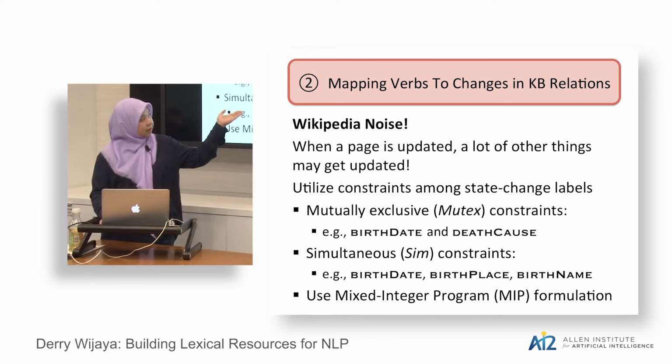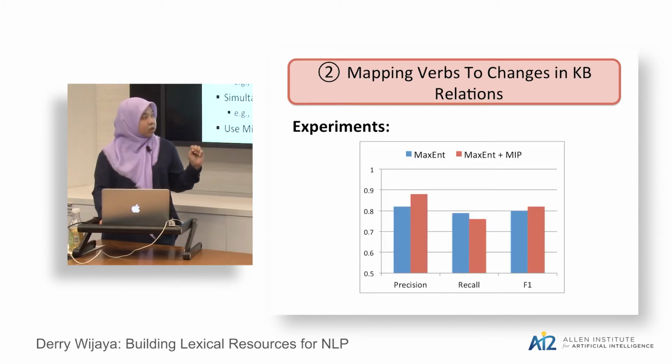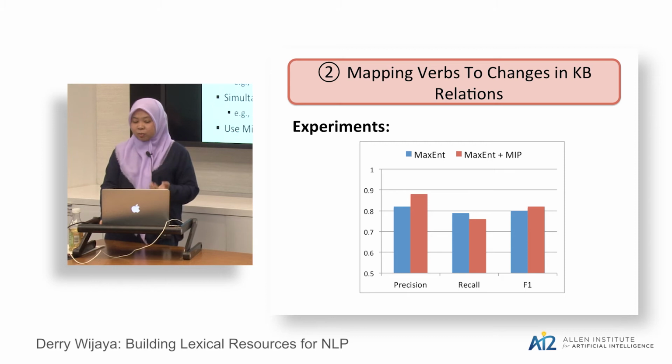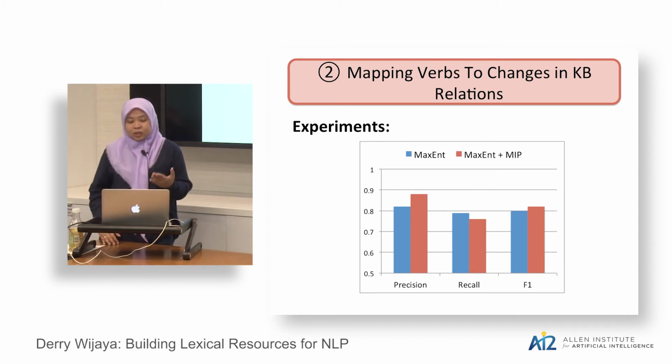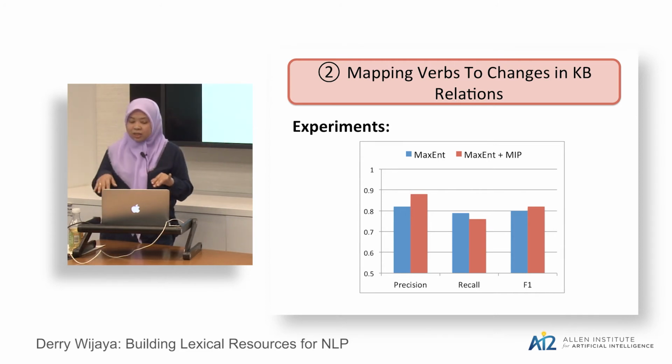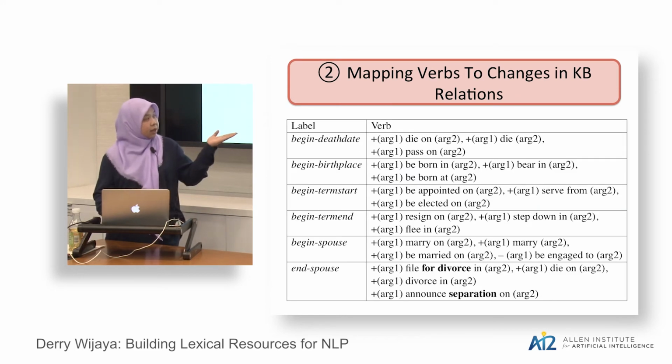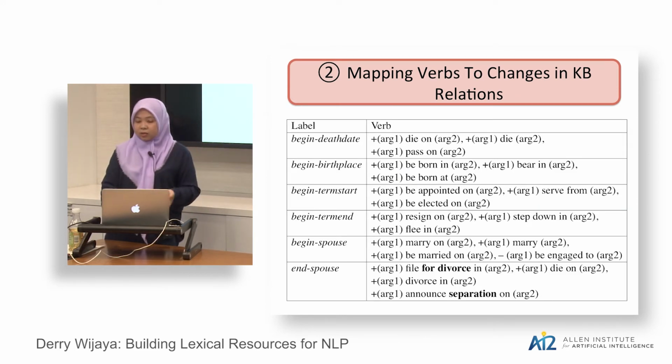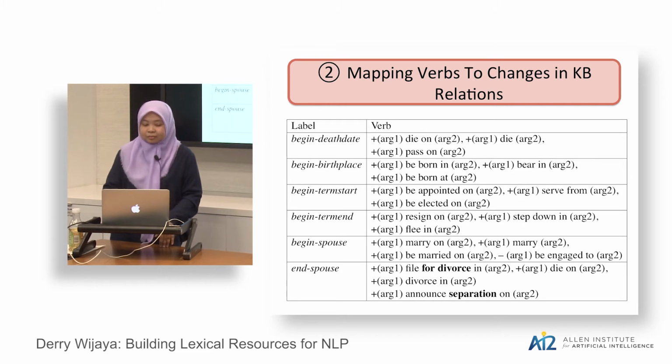We use constraints like mutual exclusivity and subset constraint, and we use the MIP formulation to incorporate them. And we see that when we add this MIP formulation, it improves precision, reduces recall a little bit, but overall it improves the F1 of the classification.